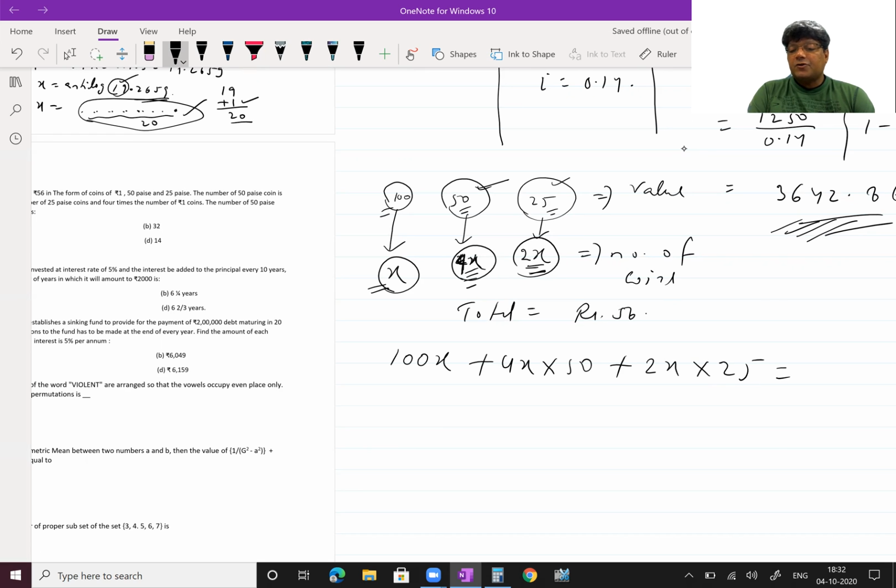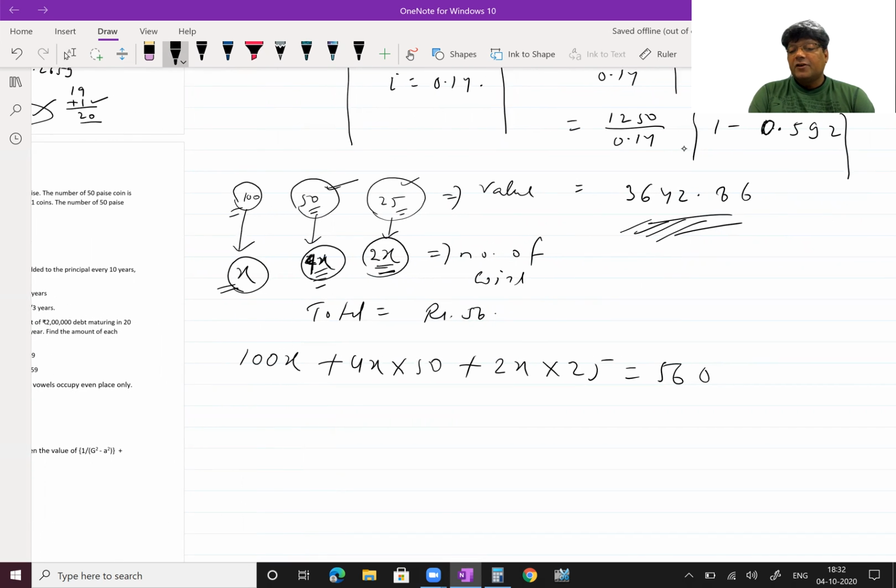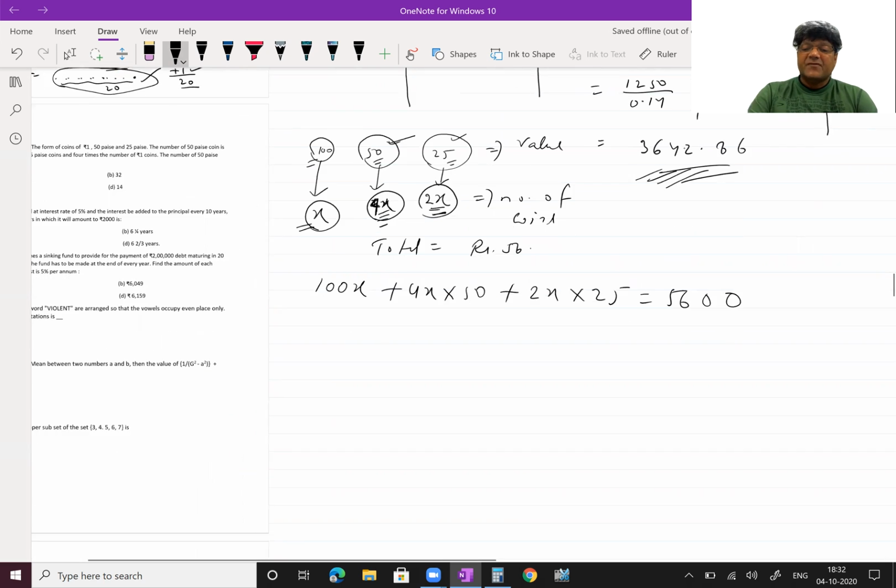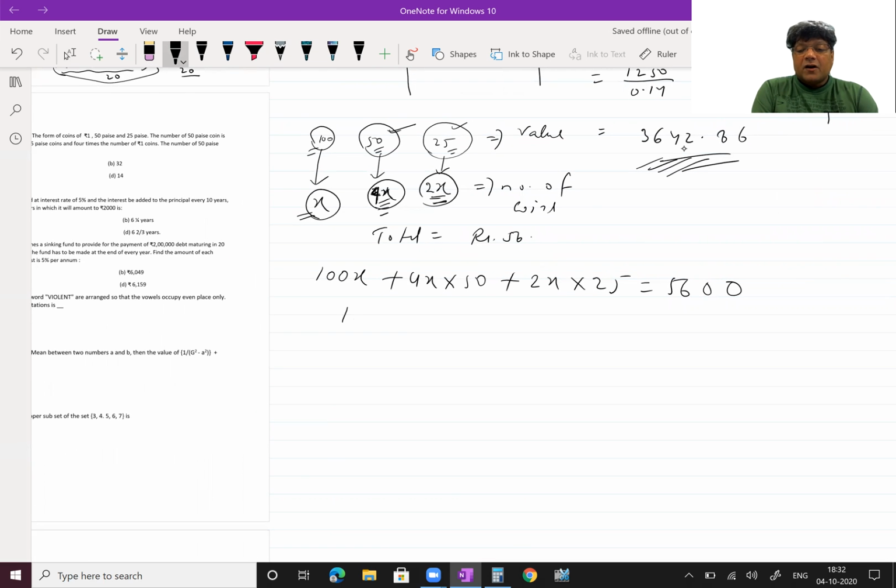The total value should be 56 rupees, but the left-hand side is in paise, so make it 5600 paise, and now solve it. So 100x plus 200x plus 50x is equal to 5600.